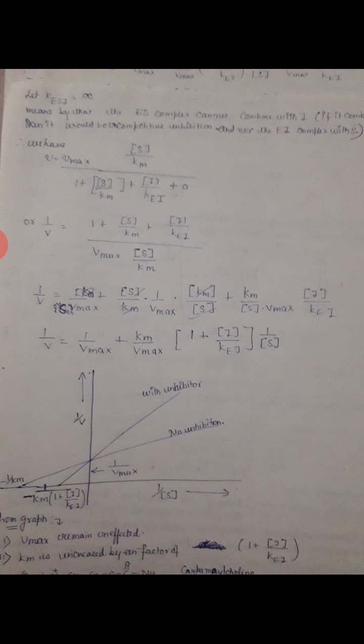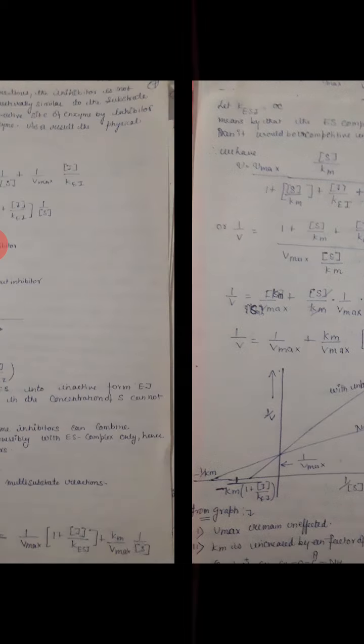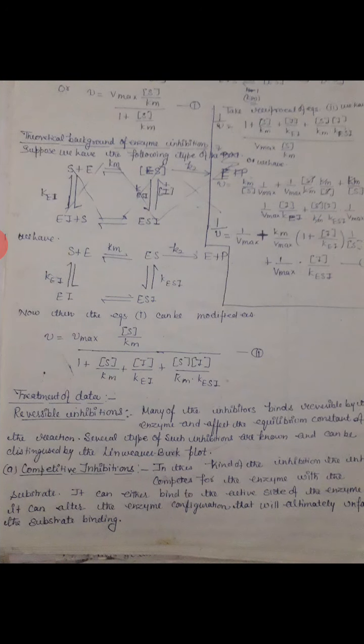So in the last term of the previous equation, 1/Vmax times the concentration of I over KESI, because KESI is infinity, this comes out to be 0.